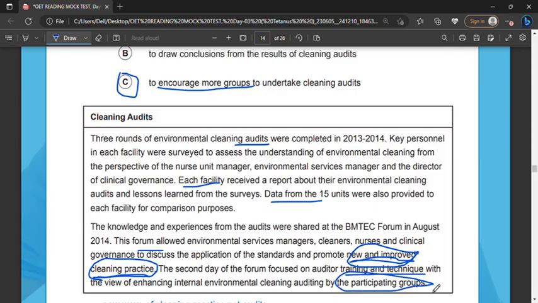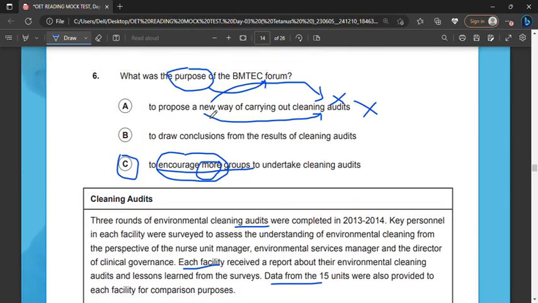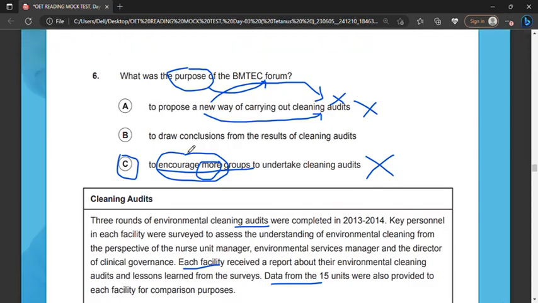There are participating groups, the groups that already participated in the audits, but they are not talking about more groups. So we exclude this also. So this is an elimination method. You don't even have to understand the meaning of all the answer options. With elimination you can easily eliminate the wrong answers and find your best answer.